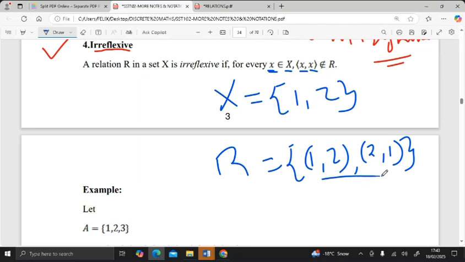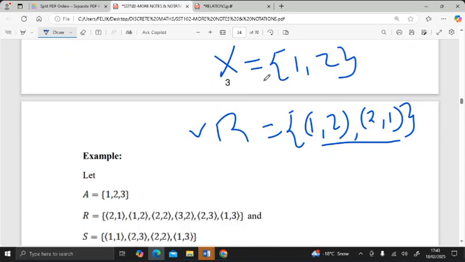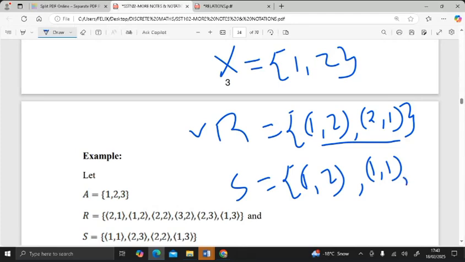An example of an anti-reflexive relation is this. That is an anti-reflexive relation because there is no element that is related to itself here.